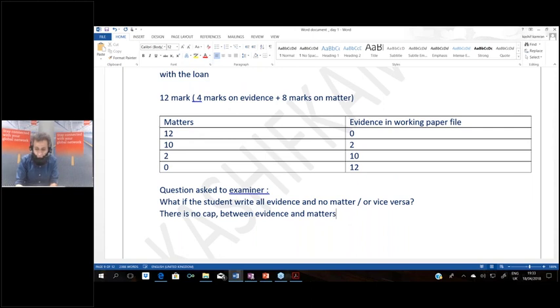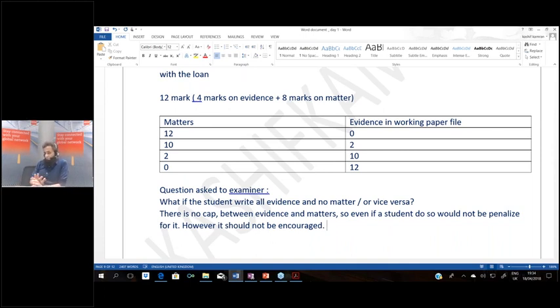So even if a student does so, they would not be penalized for it. However, it should not be encouraged. I hope the examiner statement is very clear.